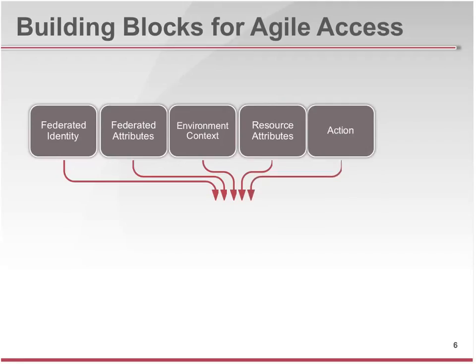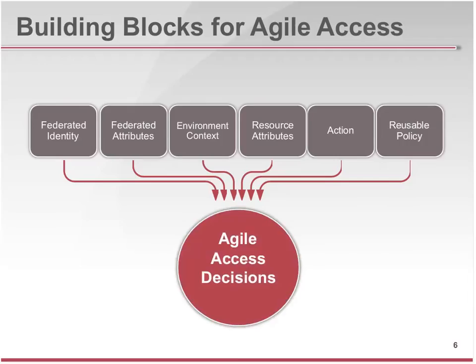What is the operation or action that I'm trying to perform? Your typical read, write, execute. And then, of course, the ability to apply reusable policy. We want to be able to write policy that's applicable across applications, not one policy per application, which creates policy sprawl and really doesn't provide the value that we would want to get out of that. And that all leads to what we want to call agile access decisions.